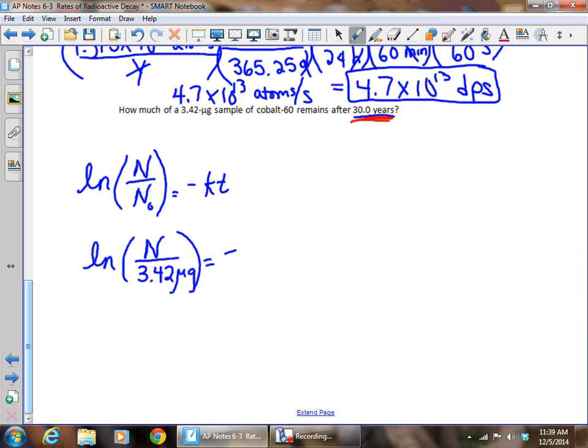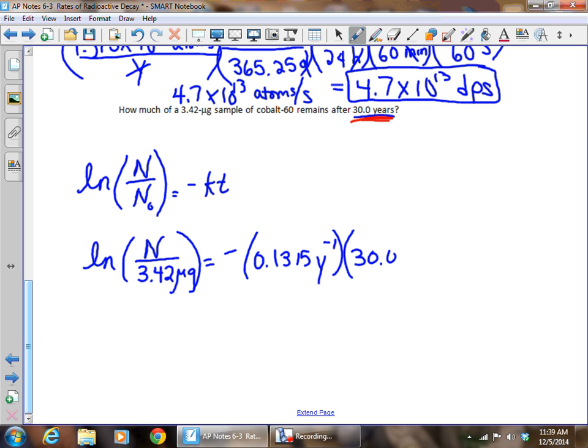We've already found K up above. Our decay constant for cobalt-60, we already said was 0.1315 reciprocal years. And it said we're wanting to know what happens after 30 years. So our time is 30 years.